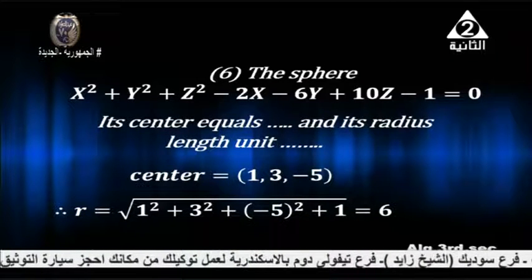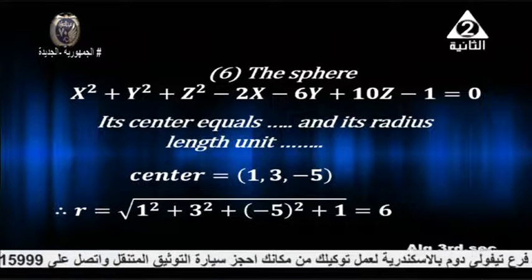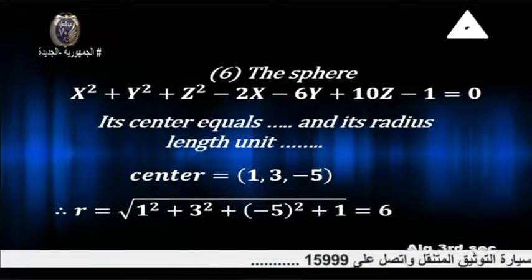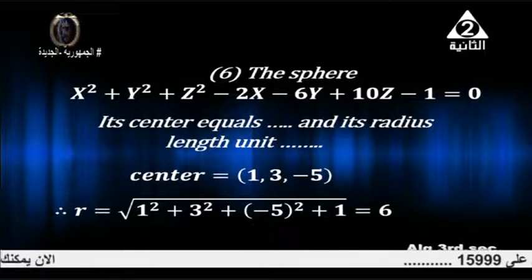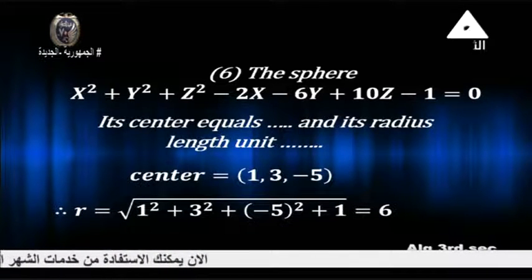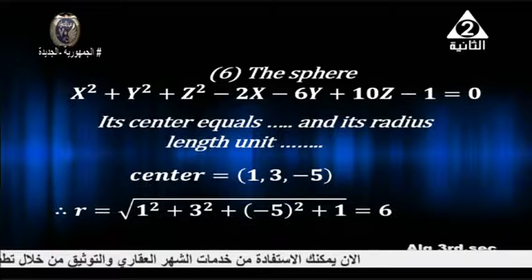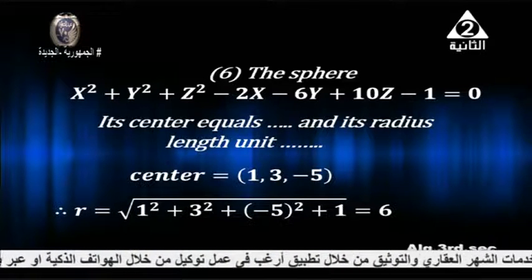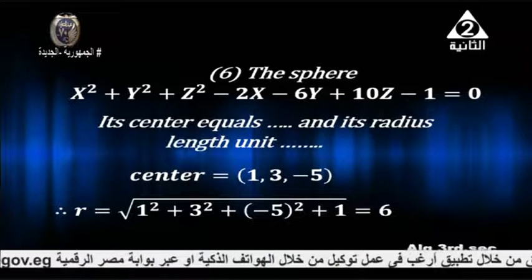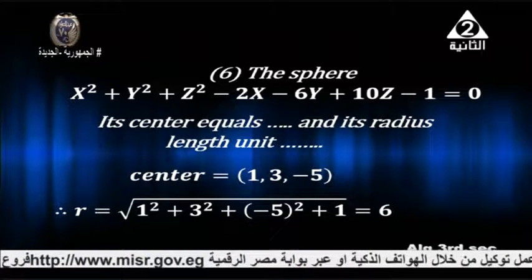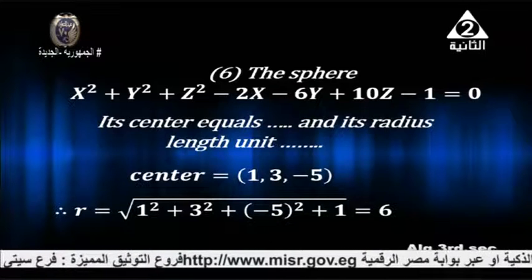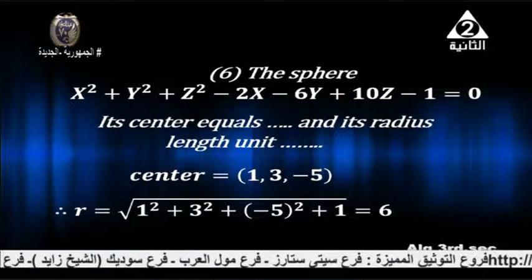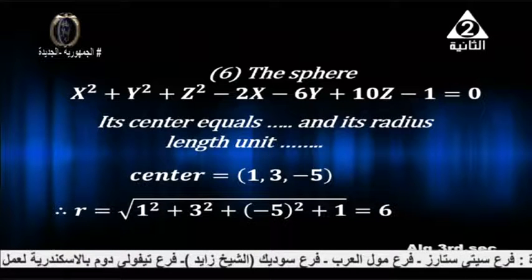By substitution, r equals 6, 6 power 3 equals 216, times 4 over 3 pi. Don't forget, my dear student, the equation of a sphere, very important lesson: to find the general equation, standard equation, the radius of a sphere, the diameter of a sphere, area of a sphere, also volume of a sphere.